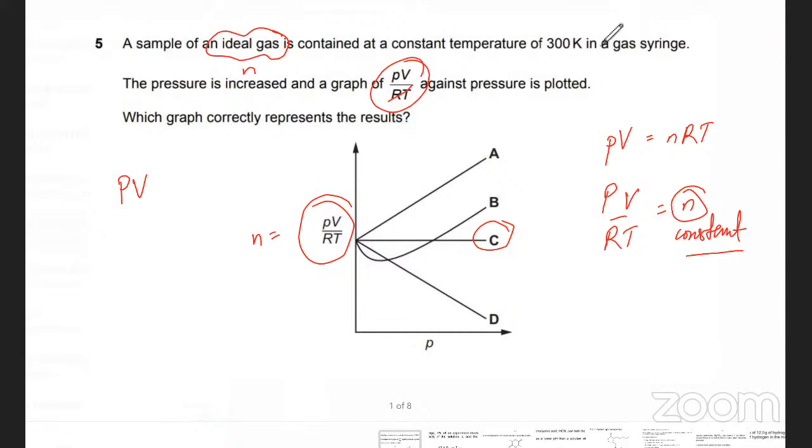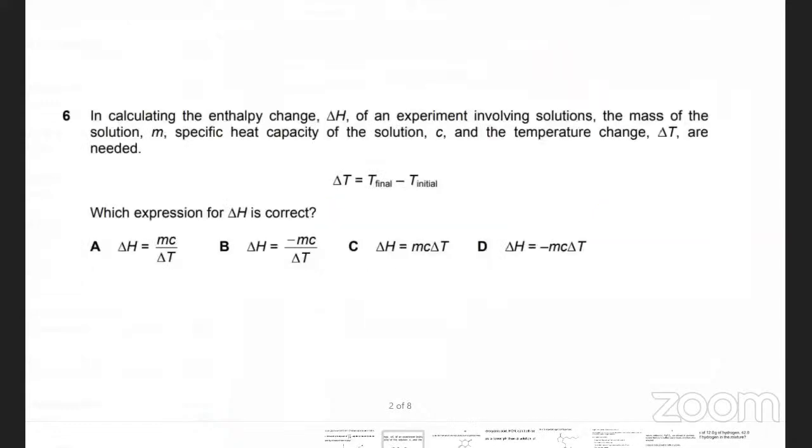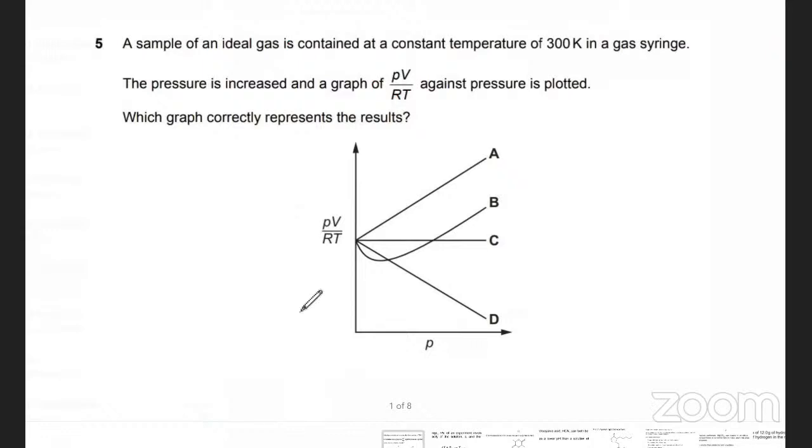Now the next one is, one second. Sir, but the pressure is directly proportional to moles, right? It is directly proportional to moles. Yeah, so the pressure is increased. But is he changing the moles anywhere? There's a sample of an ideal gas. It's contained at a constant temperature in a gas syringe. Did he mention anywhere, is he adding more gas or is he removing gas?